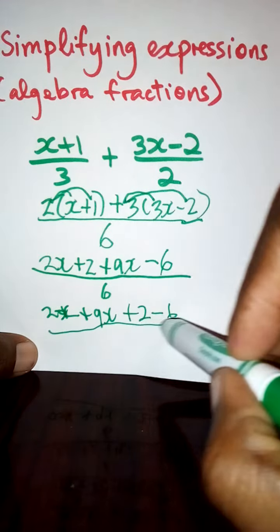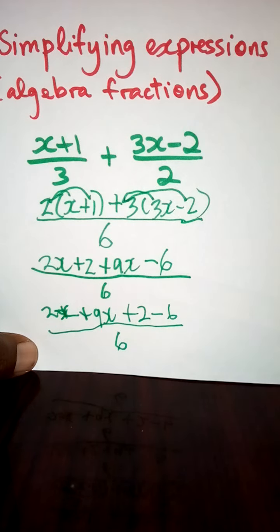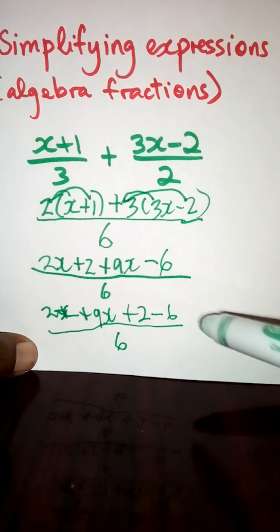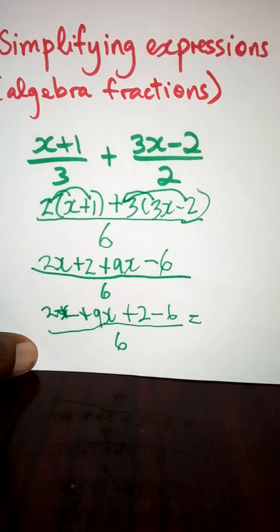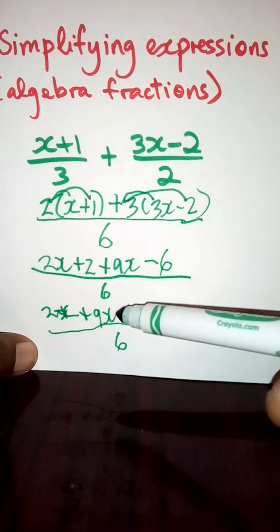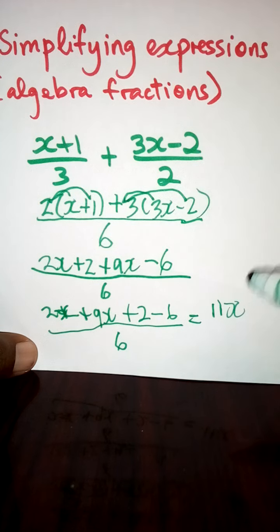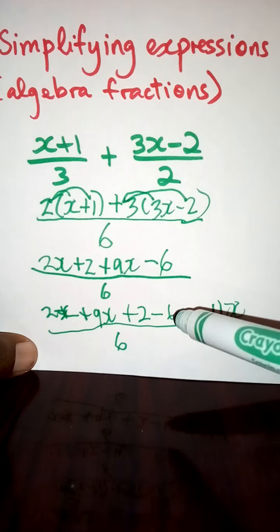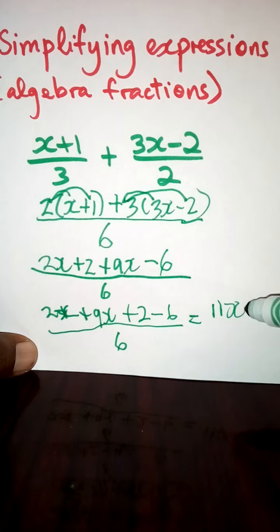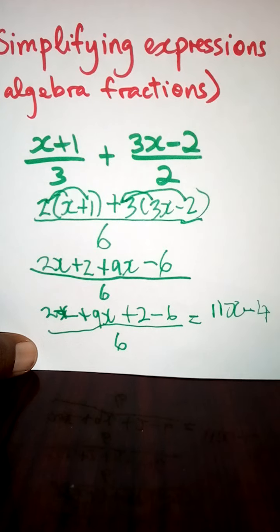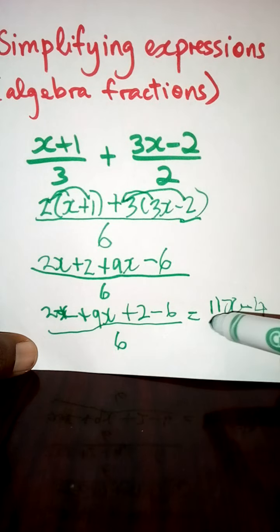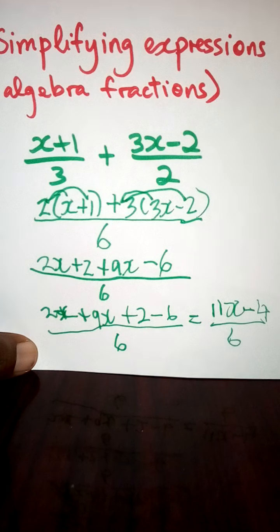Keep the denominator in every line. So our final answer is 2x plus 9x gives 11x. Positive 2 minus 6 gives minus 4. All over 6. So the final answer is 11x minus 4 over 6.